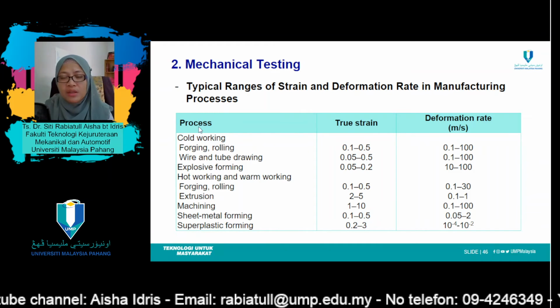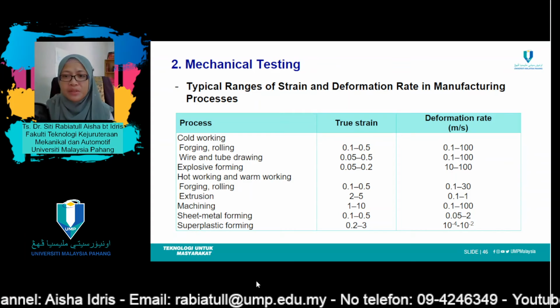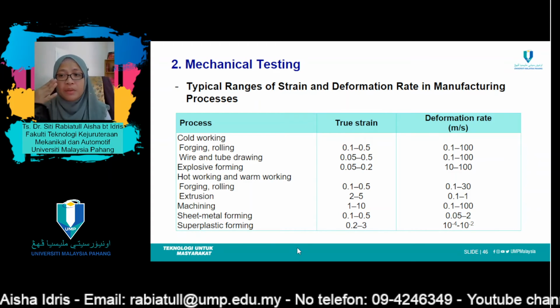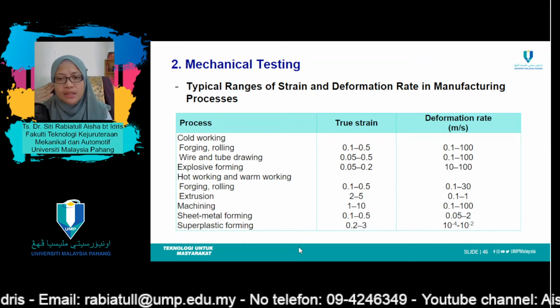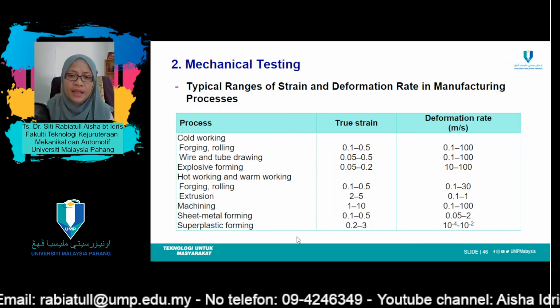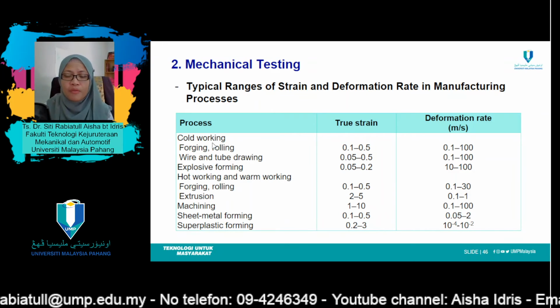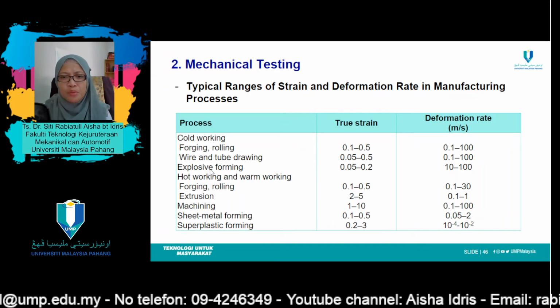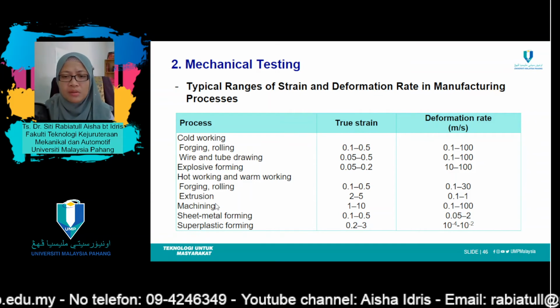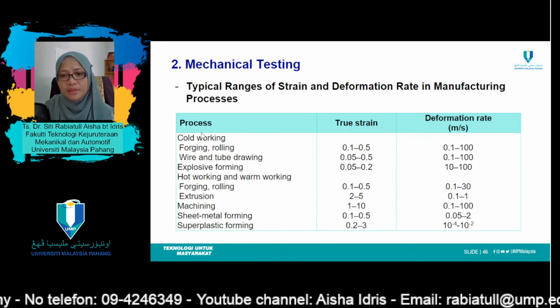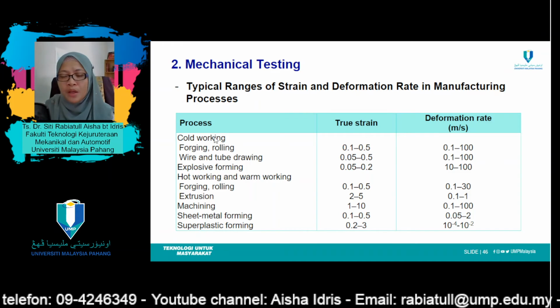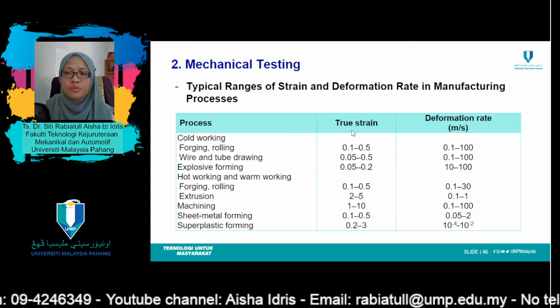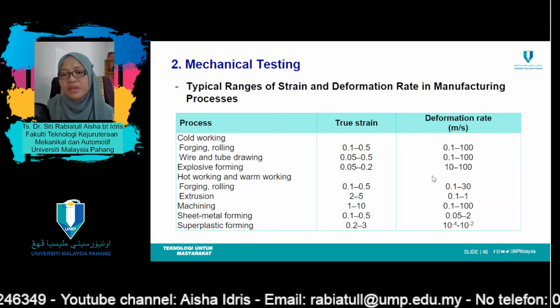Meanwhile, this table shows typical ranges of strain and deformation rate in manufacturing processes. You can see that there are several types of processes over here, like cold working, forging, rolling, explosive forming, extrusion, and so on and so forth. These processes produce different values of true strain as well as deformation rate.